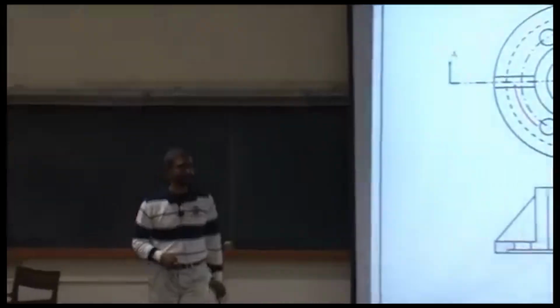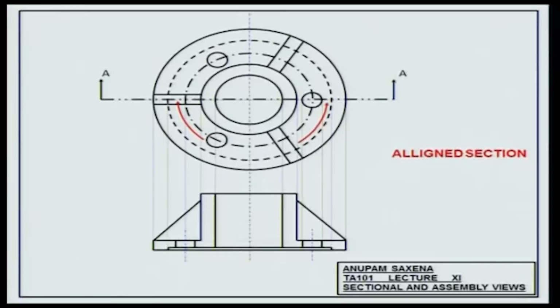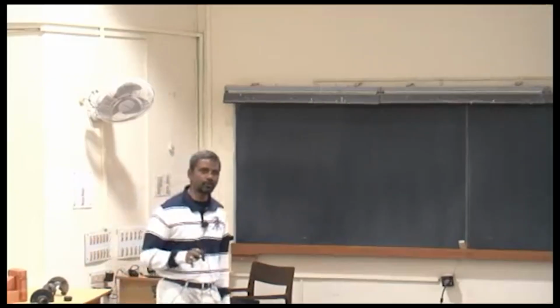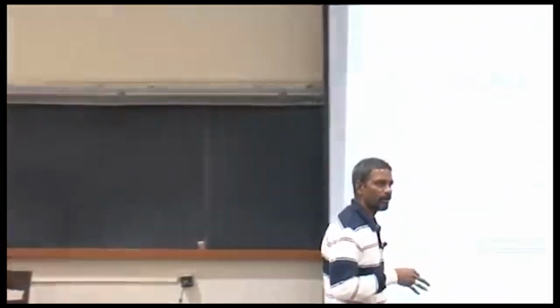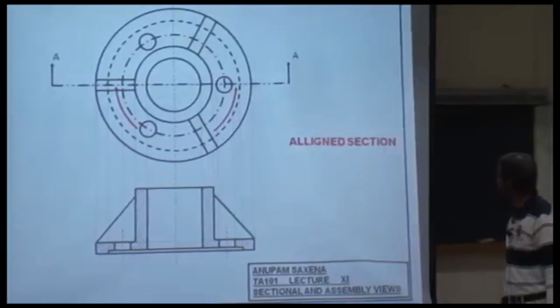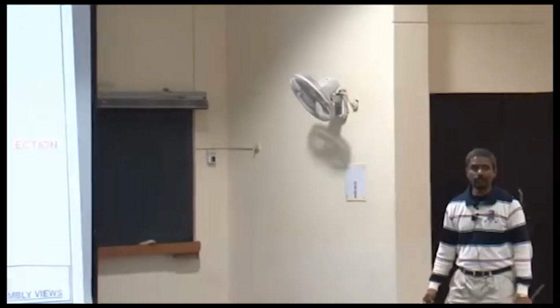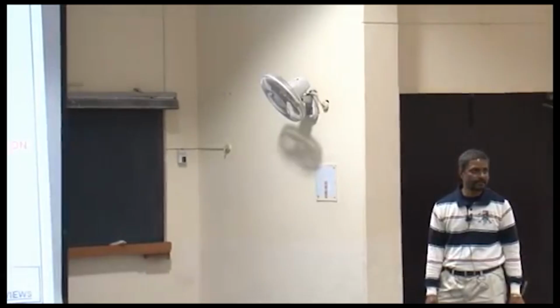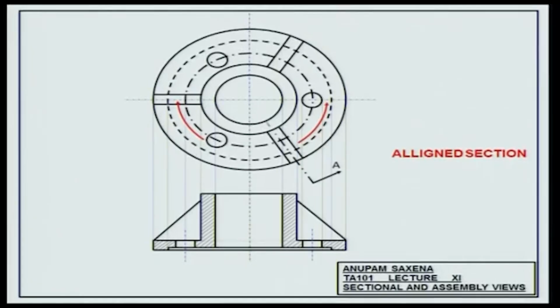You'll see this part. And then you section the rest. Okay? My projection rules are relaxed now in favor of information. This is how you show the aligned section.